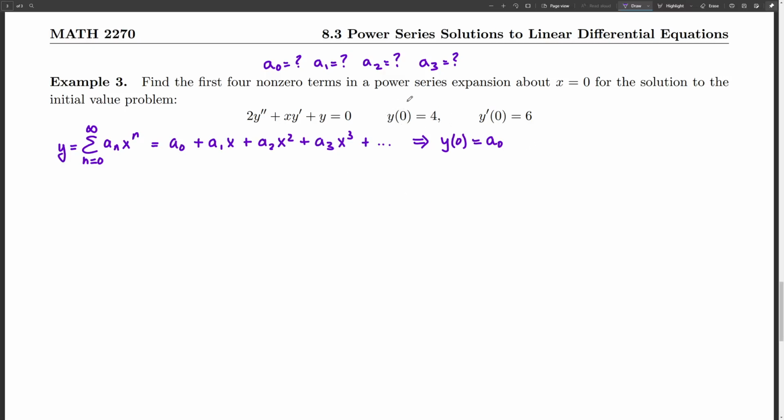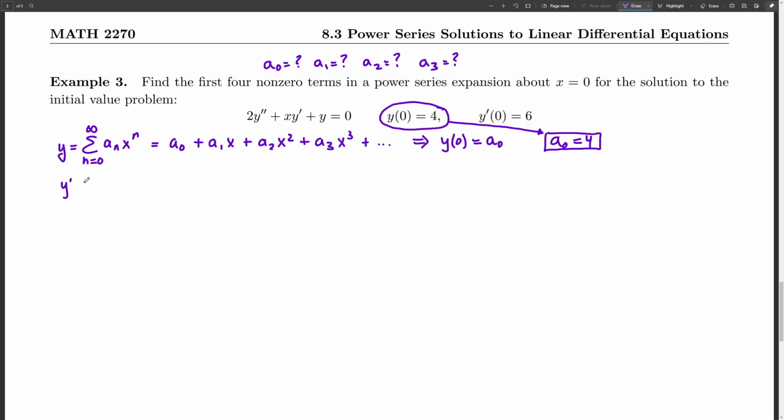But that, together with the initial condition, tells us that a0 equals 4. So we already have one of our four non-zero coefficients.